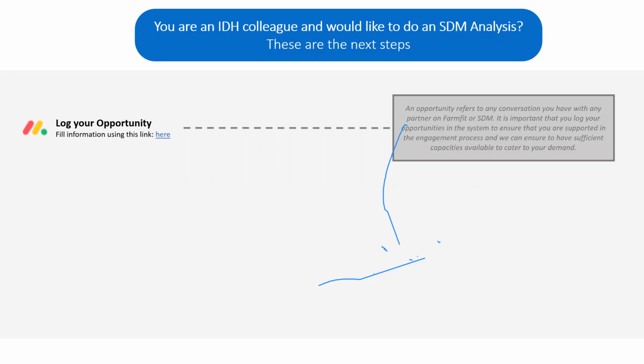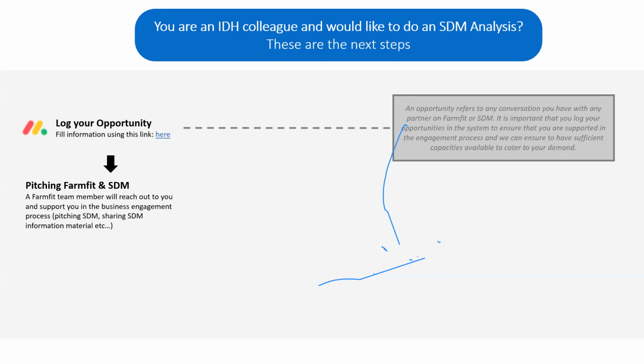If you see an opportunity, for example a conversation you're having with a partner on a potential SDM, or maybe you met someone at a conference who's interested, and the conversations are still non-specific, you haven't talked about dates, the specifics of the study, or prices, then we ask you to lock it as an opportunity, because then we know this is ongoing and we can support you in this process. You can do it using this form. I will share the presentation later where you can do this.